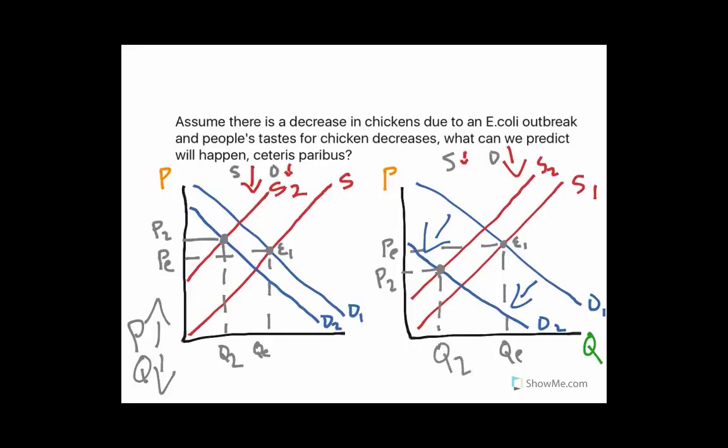From this one on the right-hand side, we've determined that the price is going down and the quantity is also going down. So what we can conclude from both of these graphs is that quantity is going down, but we do not know what happens to price because it depends on which one shifts more. So P is a question mark because we don't know.